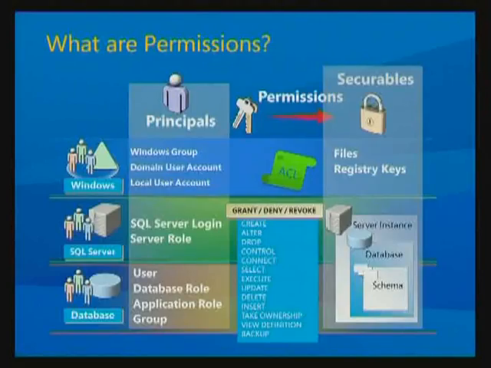So it's easier simply to deny me select permission on that entity, and deny always wins. Even if I have select permission because I'm a member of a role that has select permission, if you denied me selecting that table, I cannot get to that table.